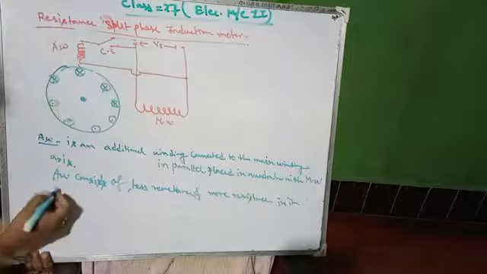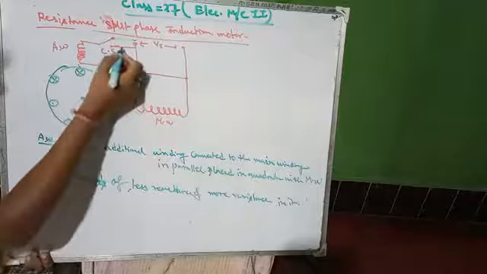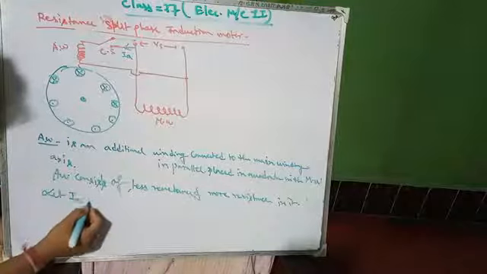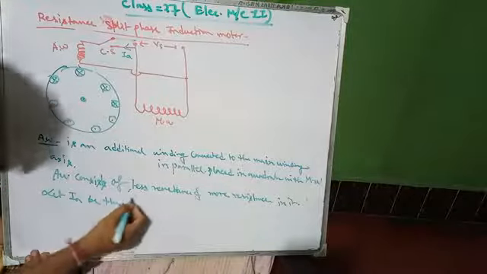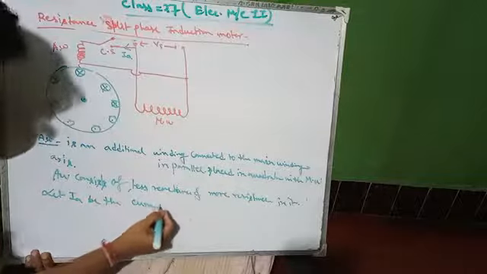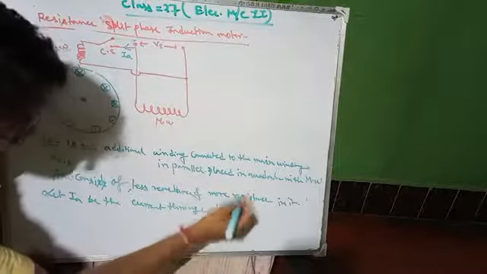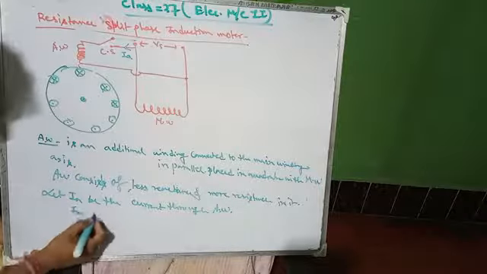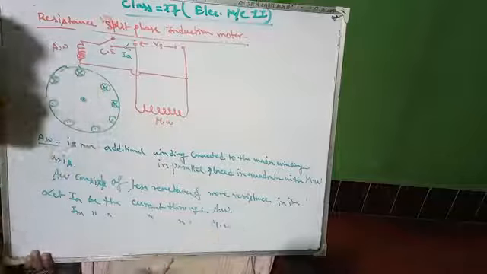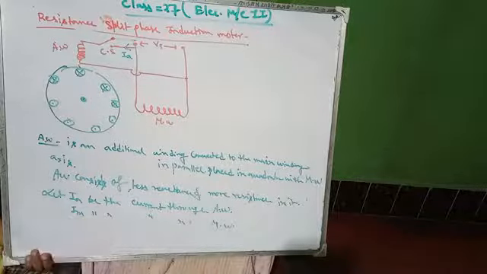Okay, so let IA be the current through the auxiliary winding, and IM be the current through the main winding. So we are assuming these two first.